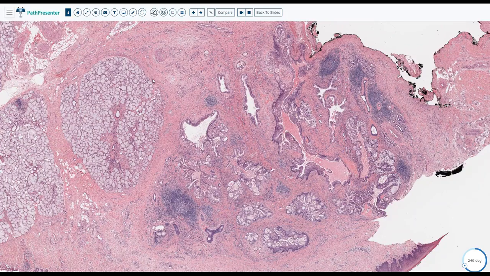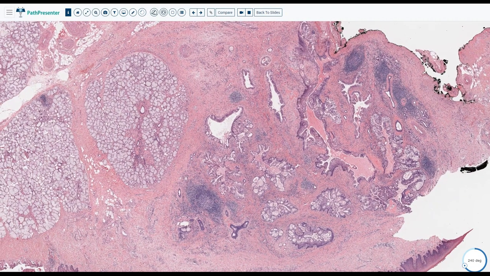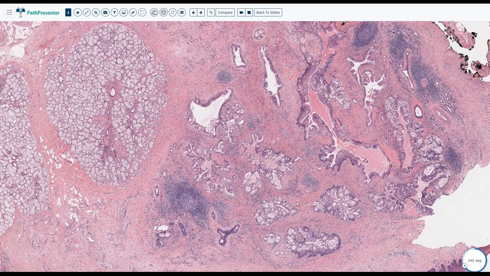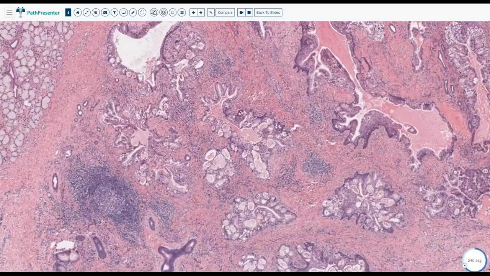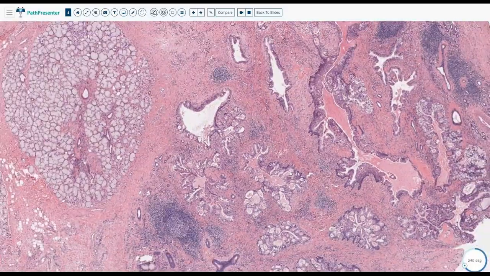From the get-go, we are suspicious about what we are dealing with. It doesn't mean it is high grade, because we have different criteria for some salivary gland tumors, but it looks like it is not a normal proliferation. All right, let's see the components here.